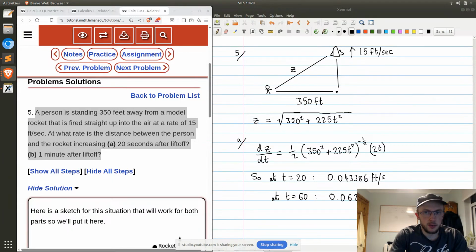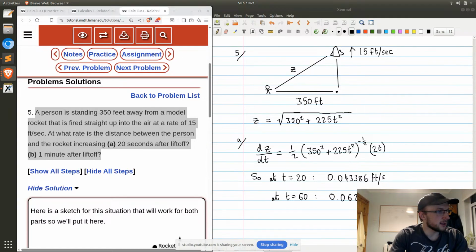Let z represent the distance between the person and the rocket. Then z equals (350 squared plus 225 times t squared), all to the 0.5.